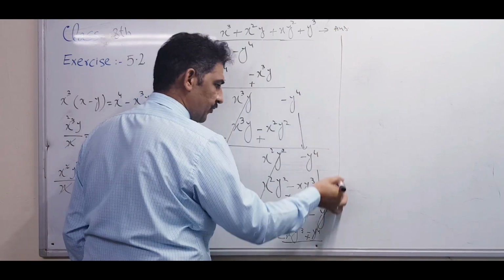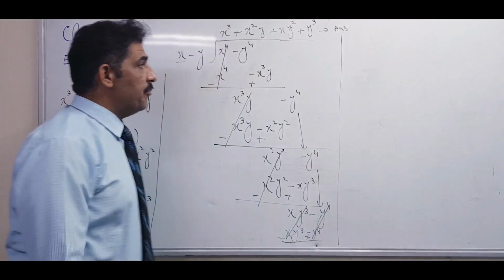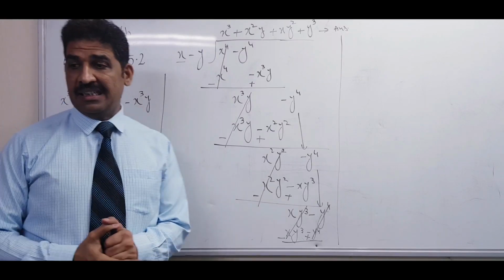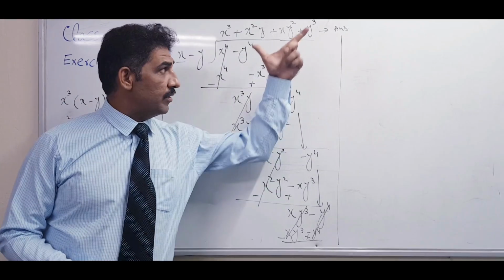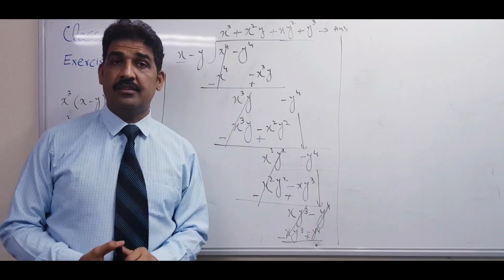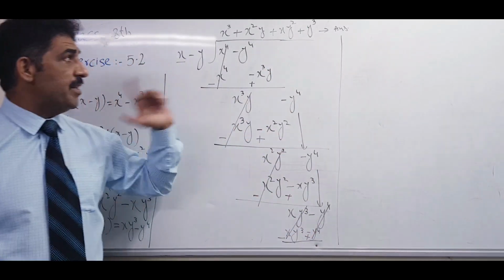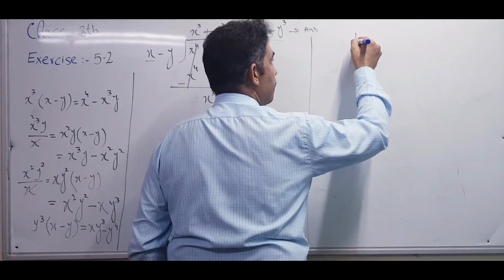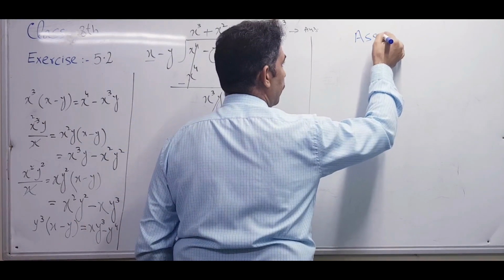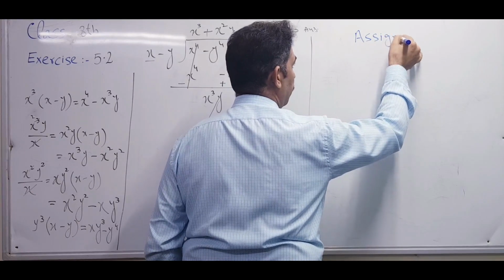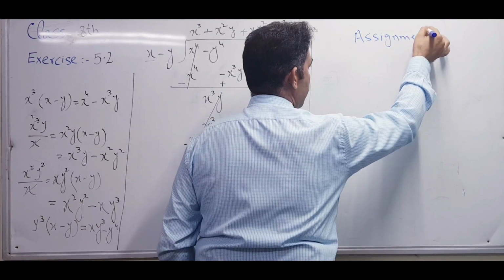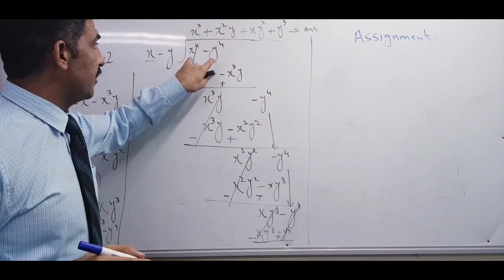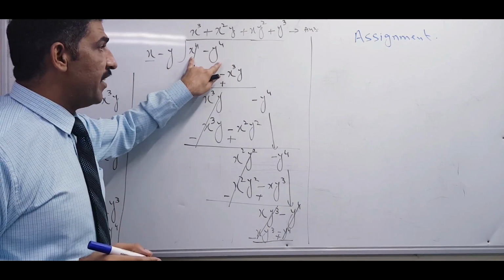Right? In the same way, I want to give you an assignment. See this question, same to same, a little bit changed, and you will solve. I do not want to change because here x raised power 4 and y raised power 4.